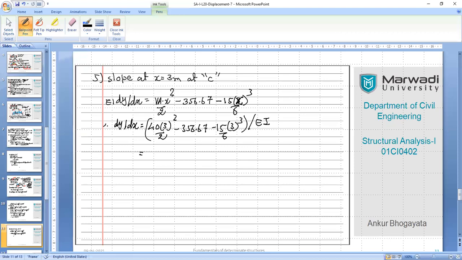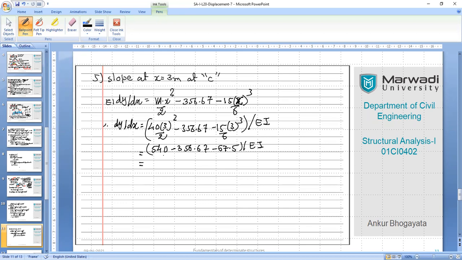So cube of 3 into 40 divided by 2, so that is 540. On this side I'll write 540 minus 356.67 minus cube of 3 into 15 divided by 6, so that is 67.5, divided by EI.